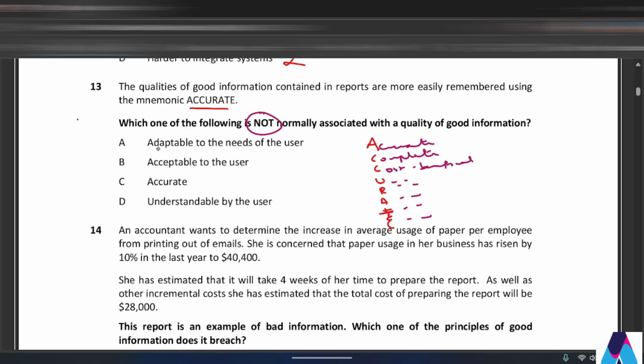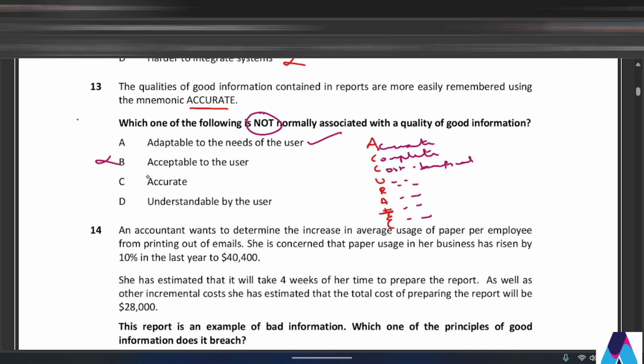Part number A, adaptable to the needs of the user, so that's user friendly. Yes. Acceptable to the user, no, we didn't read anywhere that the information should be acceptable to the user or it's not good information. Why would my information depend on the acceptability of the user? That if the user is accepting it, that is good, and if he's not, then it's not good?